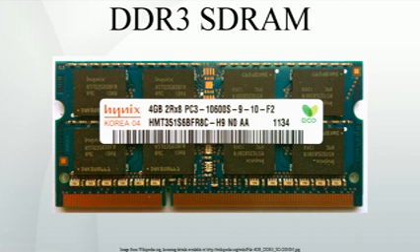With 2 transfers per cycle of a quadrupled clock signal, a 64-bit wide DDR3 module may achieve a transfer rate of up to 64 times the memory clock speed in MHz, in megabytes per second.